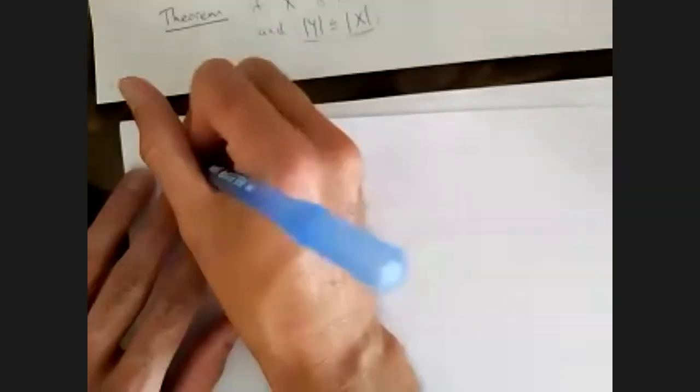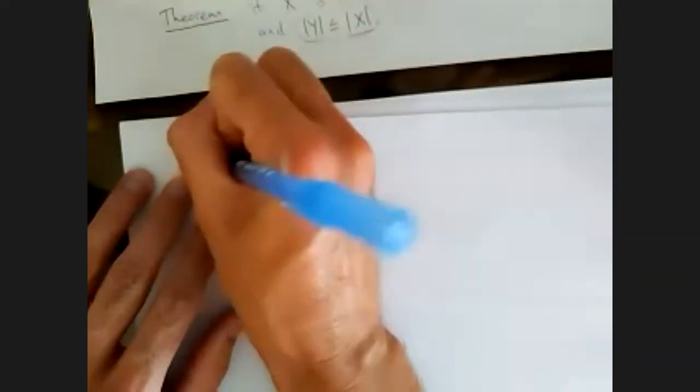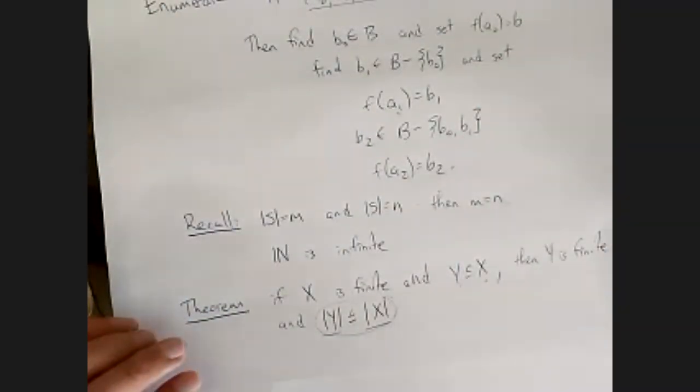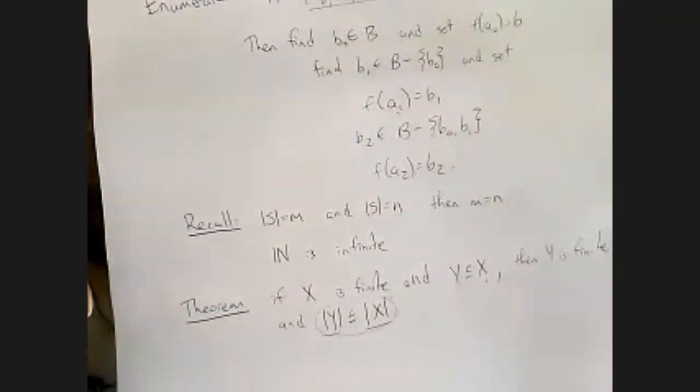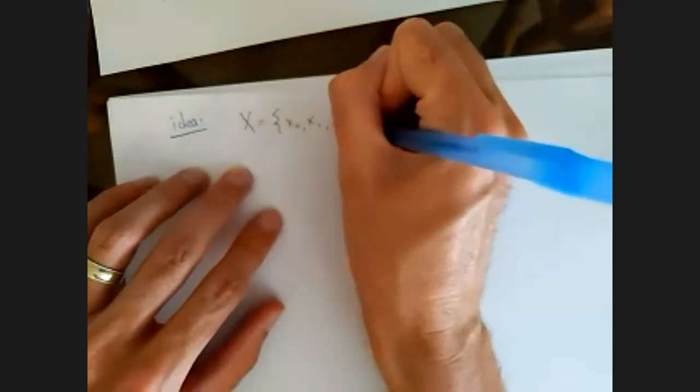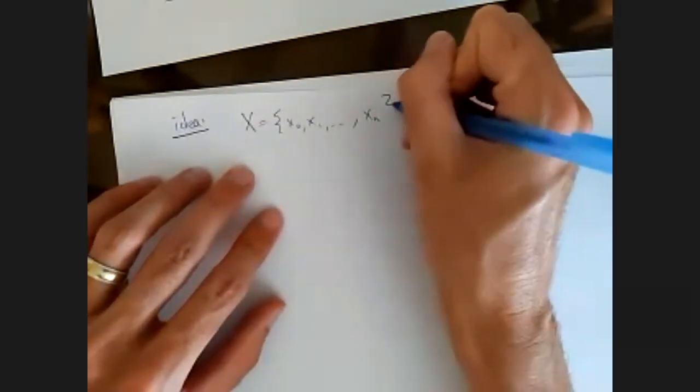And the idea of the proof is basically just to carry out the sketch, and the sketch is fine because everything is finite. The idea is you write X as X0, X1, all the way up to Xn.